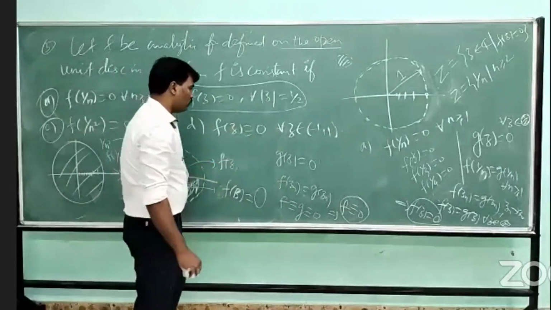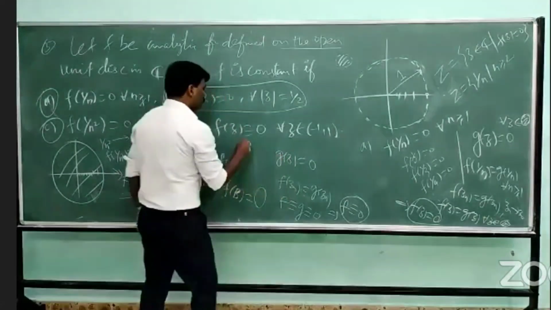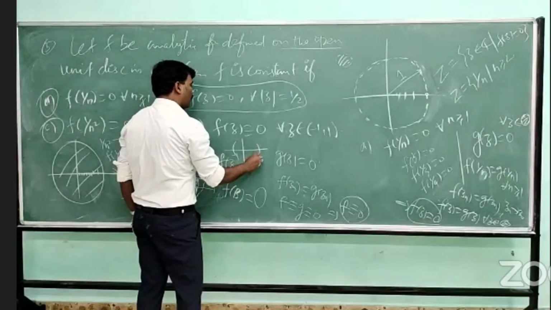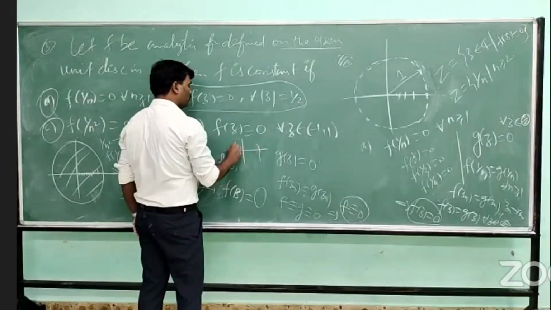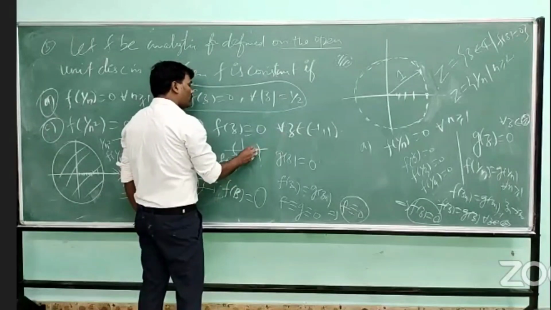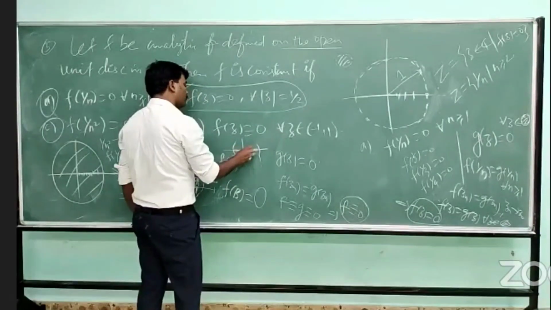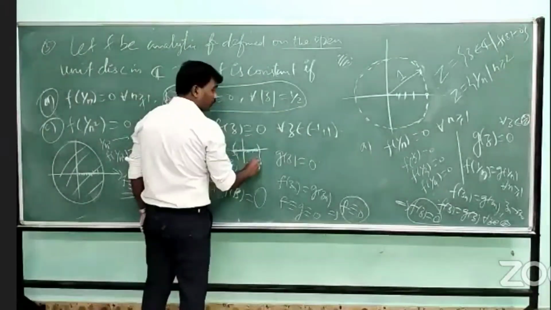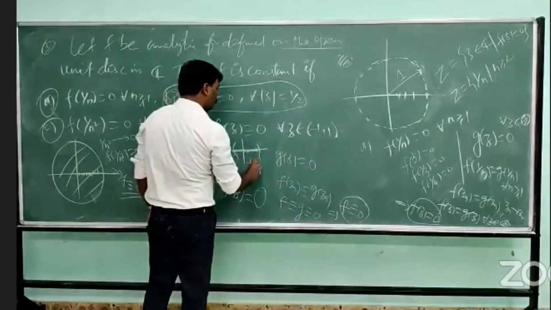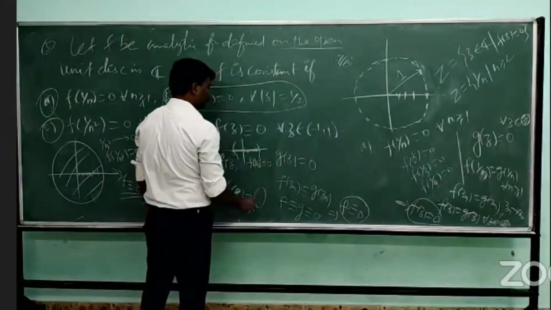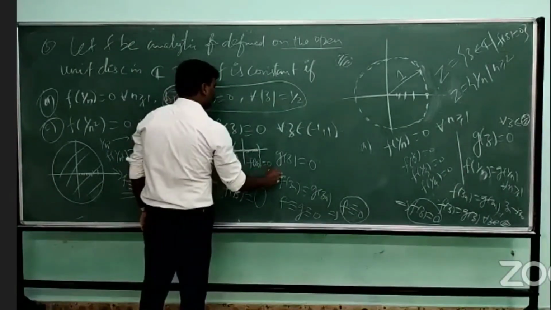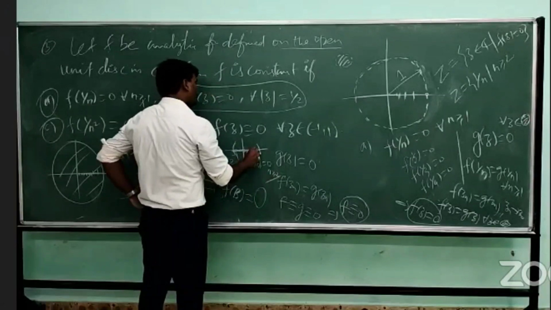What about this one? Minus 1 to plus 1. Every point in that interval, f is 0. In particular, f of 1 by n is also 0 for n greater than or equal to 2: 1 by 2, 1 by 3.